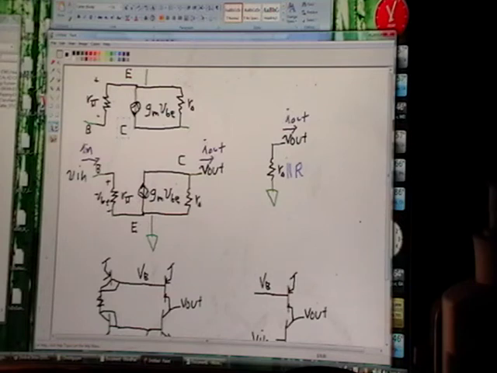You just turned it upside down. And what's up here is VCC.